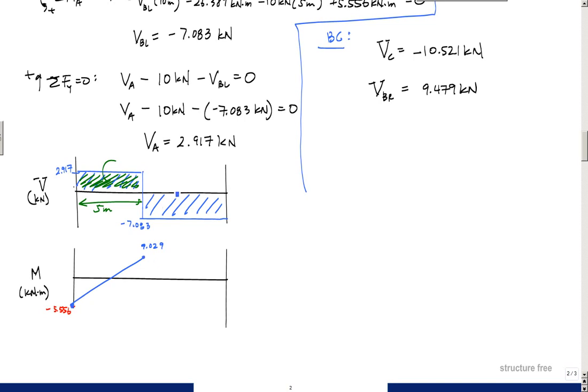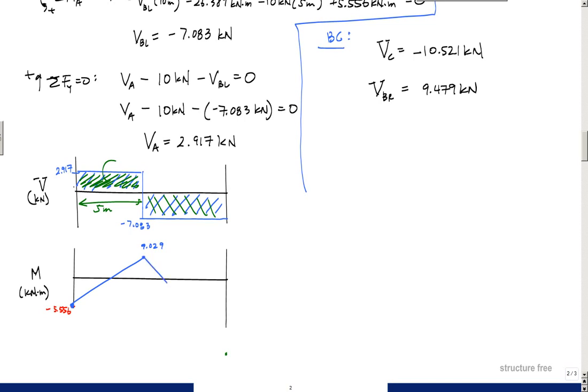And then here I have this area right here. This will be 7.083 times 5 meters as well, which is something near 35. And minus 9 gives me something near 26, which in this case is minus 26, which is way down here somewhere.